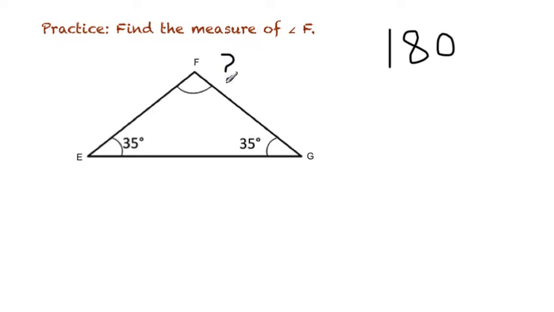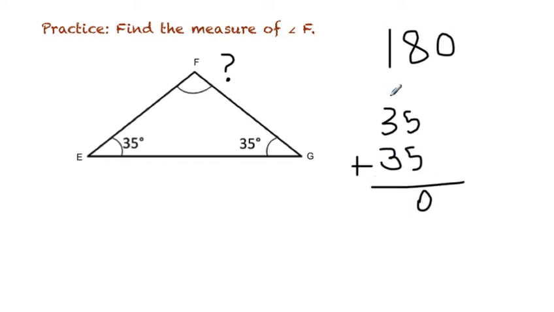That's our question. Okay, so we can do 35 degrees for angle G plus 35 degrees for angle E. We'll add those together and we get 70 degrees. So these two angles, angle E and angle G added together equals 70 degrees.